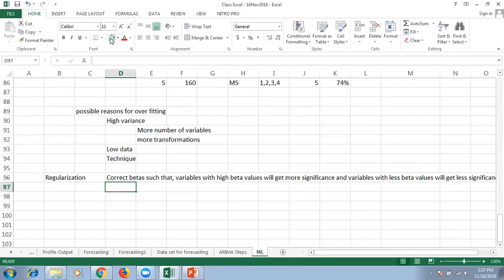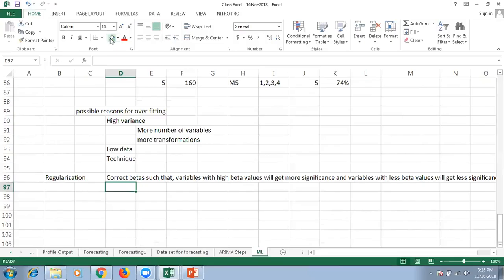What we are trying to do is add some kind of a negative value such that the less significant variables are automatically removed from the model. So that is what we call regularization. You are regularizing the betas in such a way that less significant variables are automatically thrown away from the model.